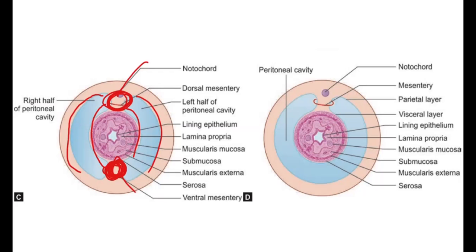This is the foregut and this one is the midgut. Why? Because midgut has only dorsal mesogastrium, there is no ventral mesogastrium, whereas in the foregut there are both dorsal mesogastrium and ventral mesogastrium.